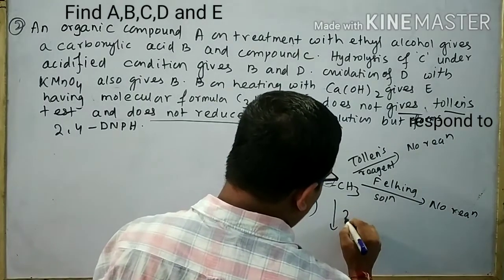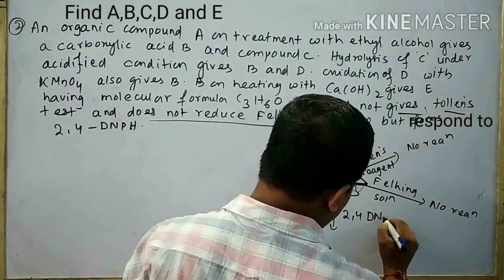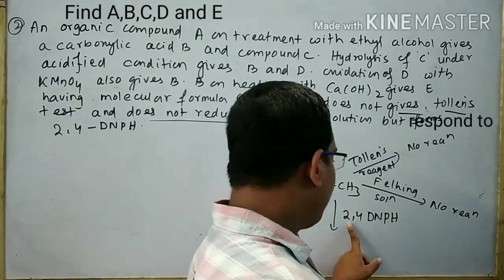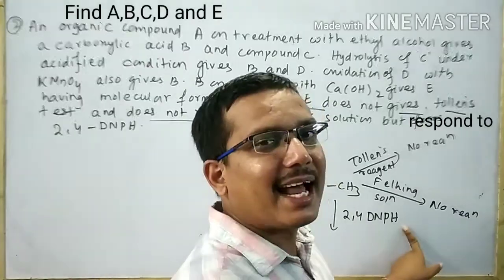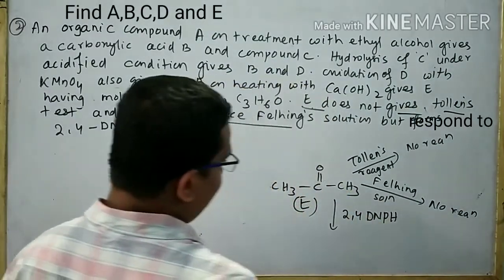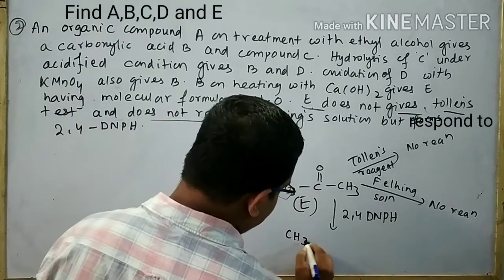We can write here 2,4-DNPH. 2,4-DNPH means 2,4-dinitrophenylhydrazine.